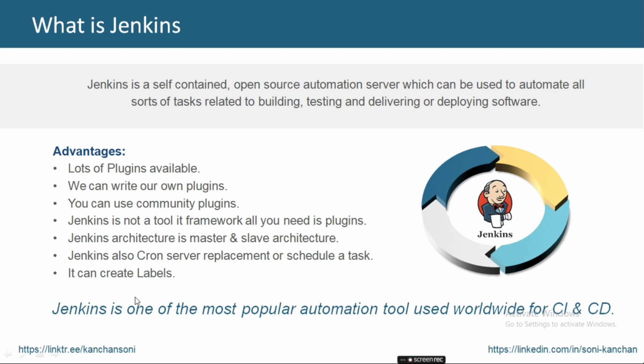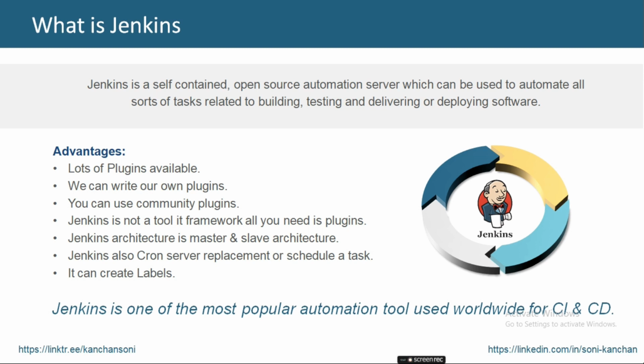Jenkins is also a cron server replacement for scheduled tasks. Cron server replacement means we can schedule a task using a cron job expression. It creates labels. A label is nothing but giving a name or an ID to your slave machine, and you use that label in your pipeline to indicate which pipeline will be run by which slave machine.